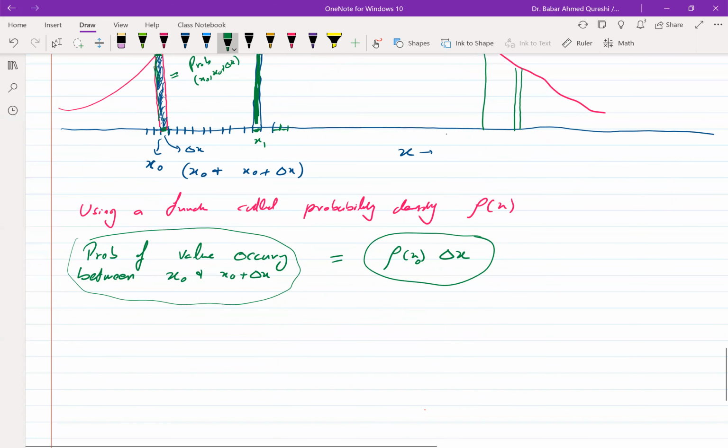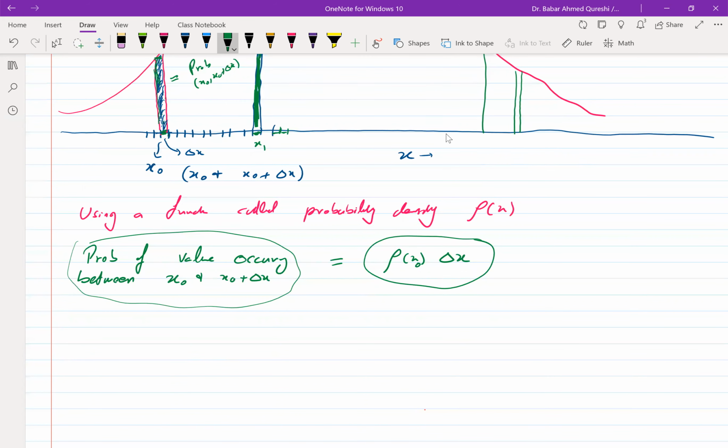Now, since it's a probability, what's the sum of the probability? The total probability would be the probability of finding them in any bin: this one, this one, this one, this one, this one.